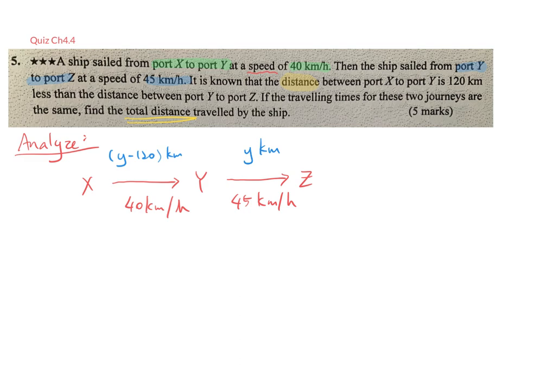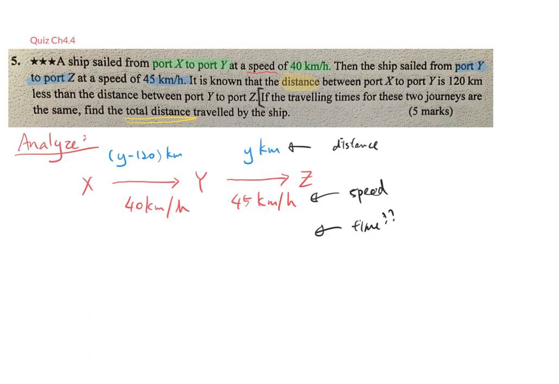And then we should also know about time. For the distance, we now know the distance, and we also know the speed. So the last question is, how about the time? Here we go to the fourth sentence.